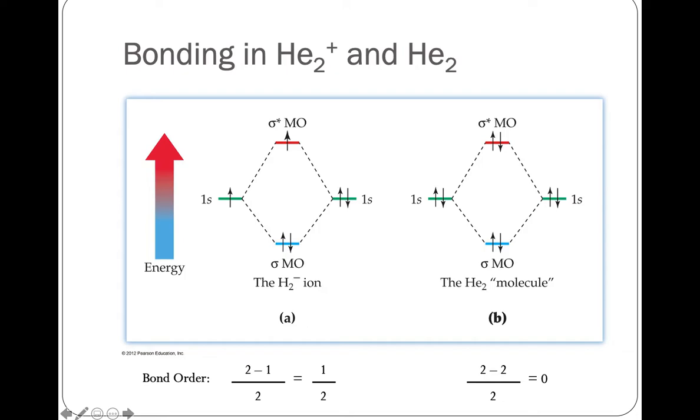That's the part about filling these diagrams that I wanted to get to. If we have just an s orbital on our outer atoms, which for hydrogen or helium is the only orbital they have, a 1s orbital, then if this was He2 plus, one of the heliums would have a positive charge, so there'd only be 1 electron in it. This one over here has 2 electrons.